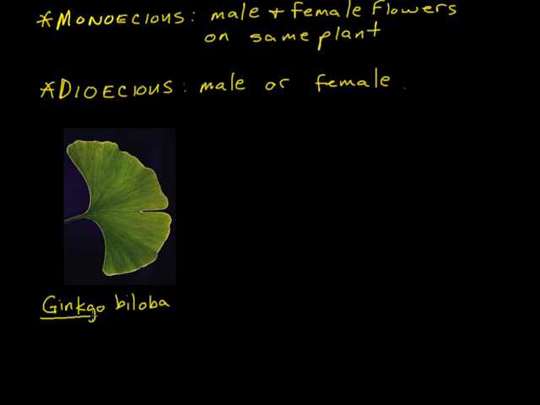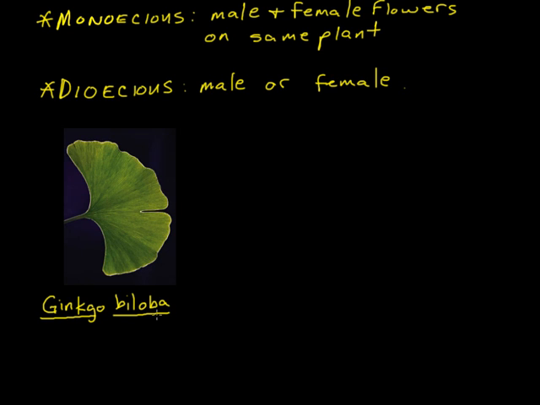and this has become much more familiar to the general public lately because of its at least purported medicinal uses or use as a herbal supplement for various things. But this is a tree, and evolutionarily speaking, it's a very primitive tree. It's called biloba because it has a bilobed or two main sections on its leaf.